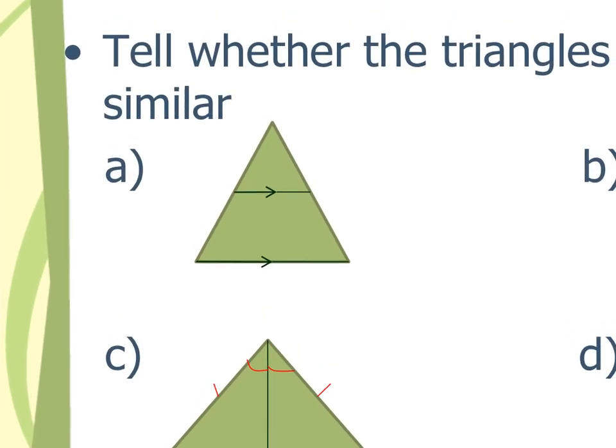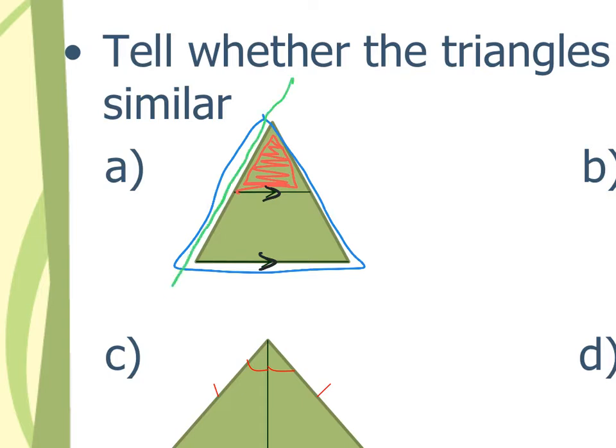So the two triangles it's referring to in this question are this top one and then the whole thing. Now notice it's got parallel lines here. What if I draw in a transversal?